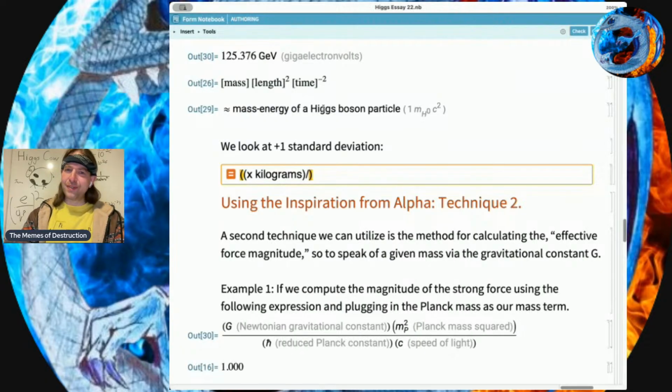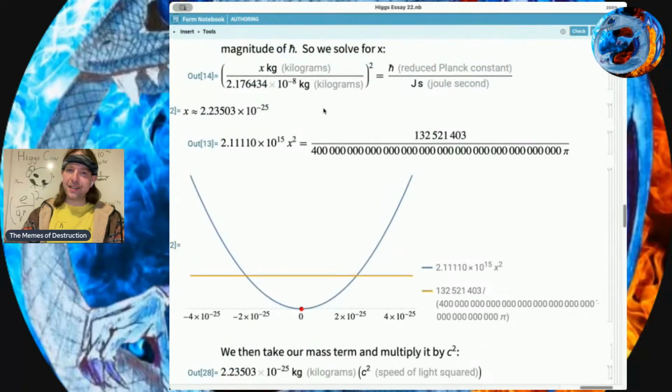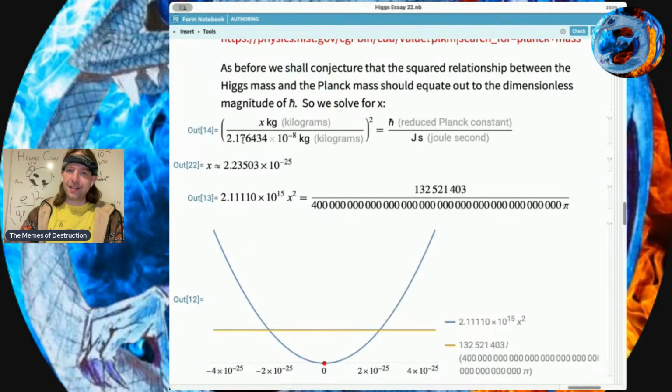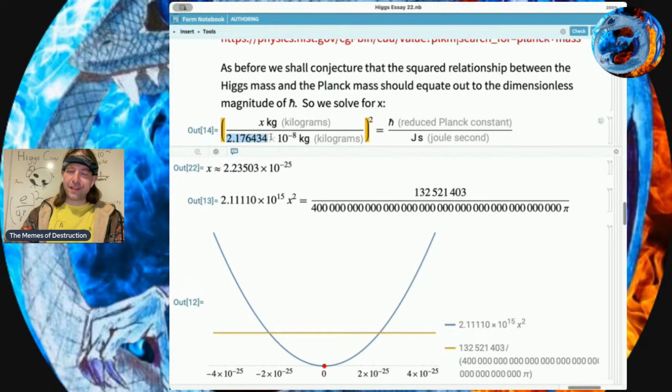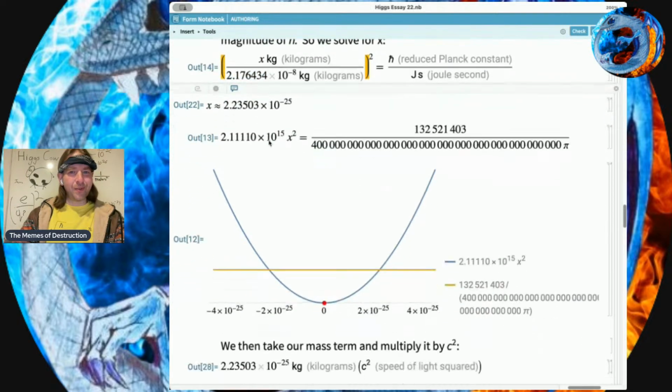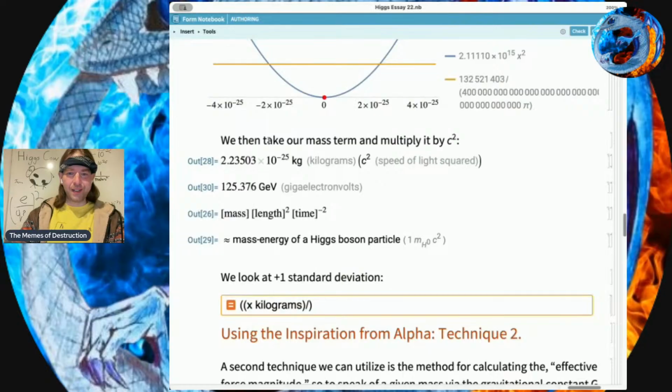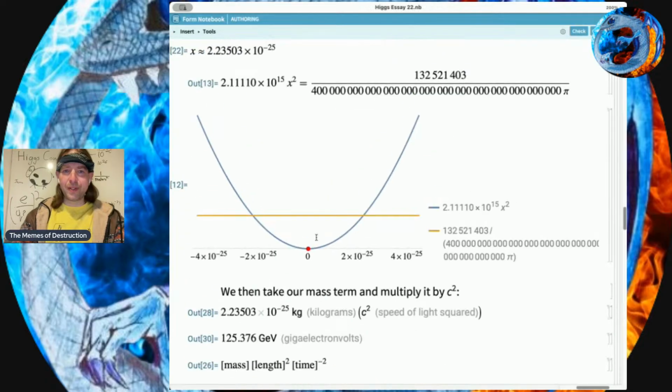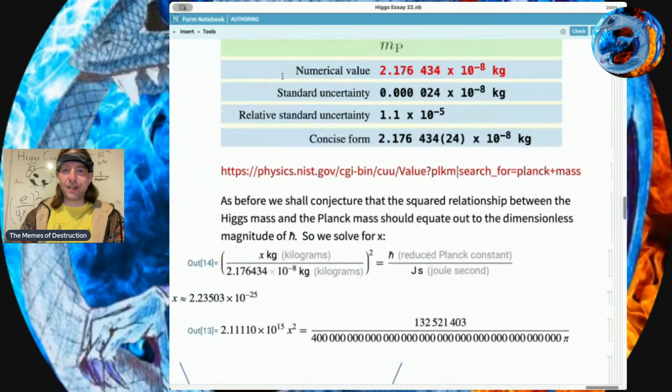So kilograms over 2.4, make sure it's right. 2.1764.